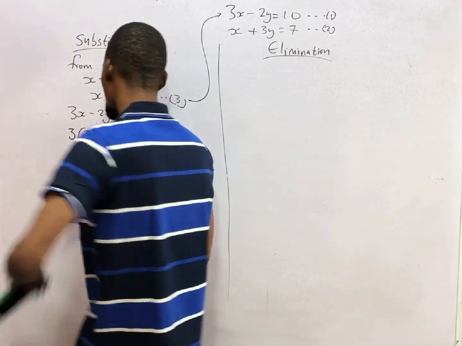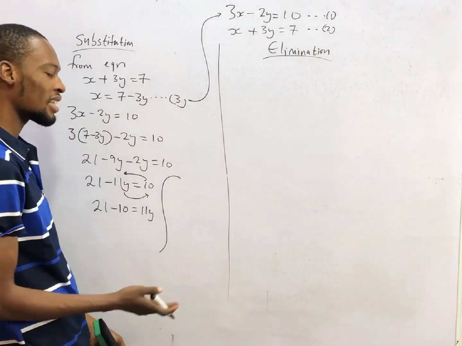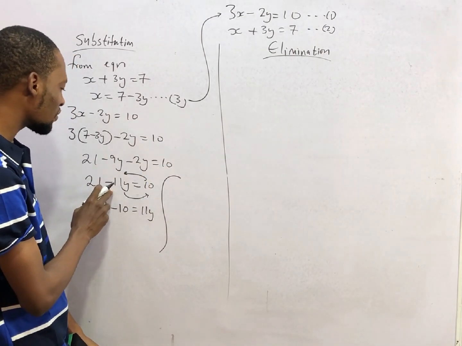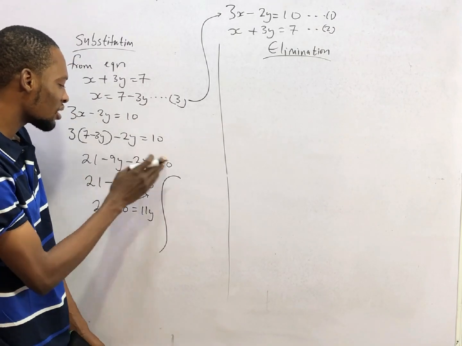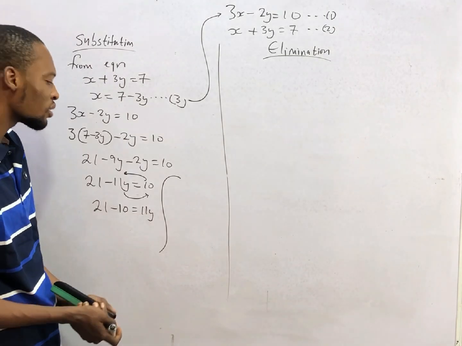Now, somebody may be asking, why did you not take minus 11y to the other side? Or why did you not bring 10 to this side? Or why did you not take 21 to the other side to meet 10? Well, we can as well do that.